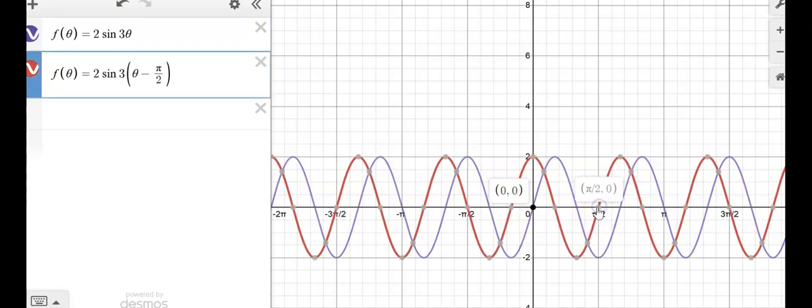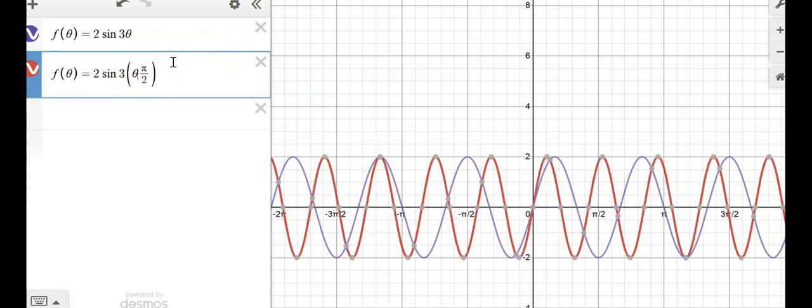Here it is. And what is this? Pi by 2, right? So this whole distance between 0 and pi by 2 is what this red graph has been shifted to the right. You can see from 0 to pi by 2, it's pi by 2 units to the right it has shifted. And that's because we are doing theta minus pi by 2.